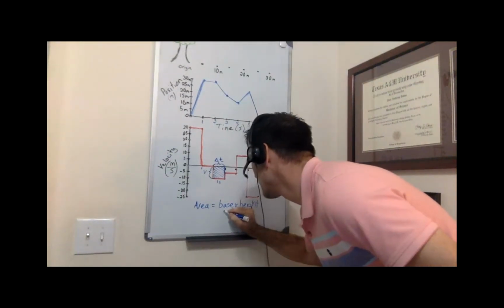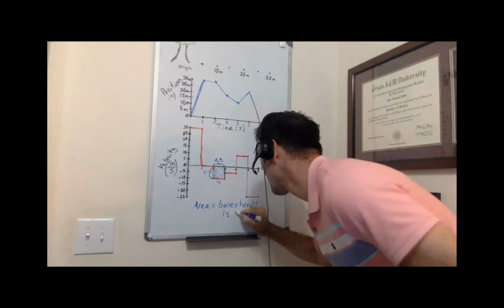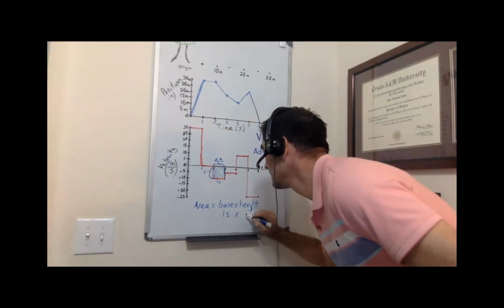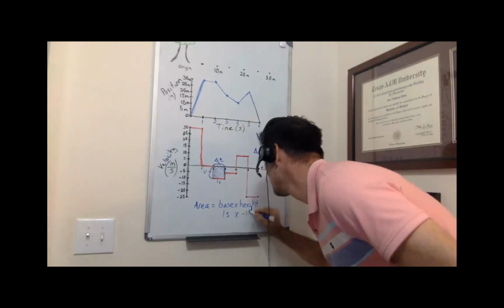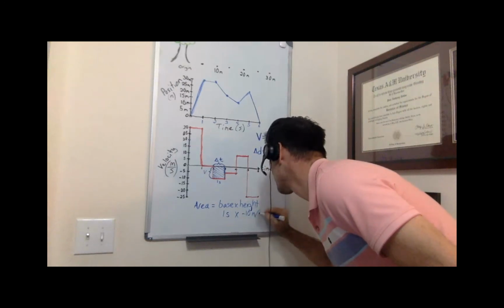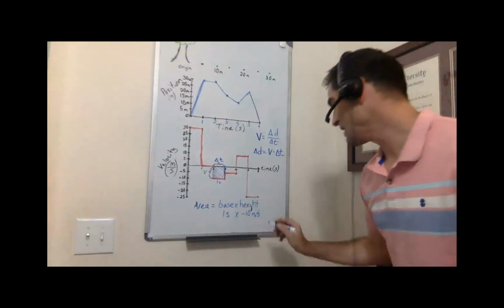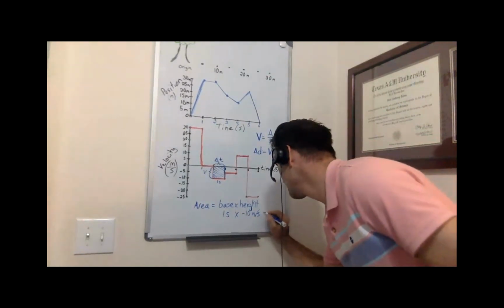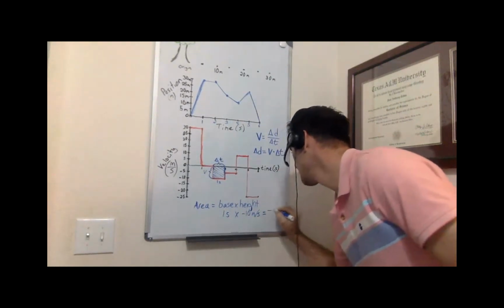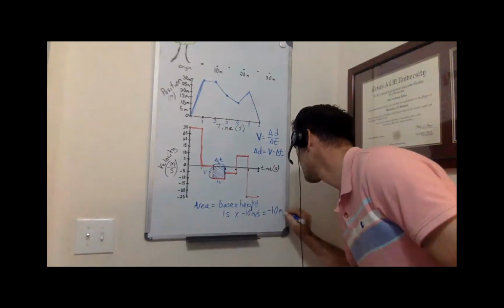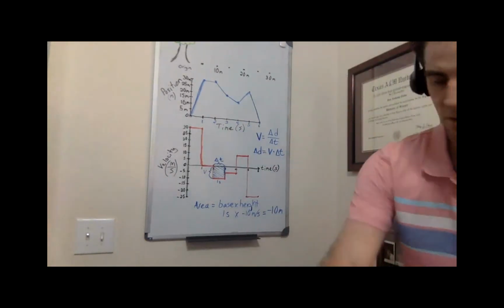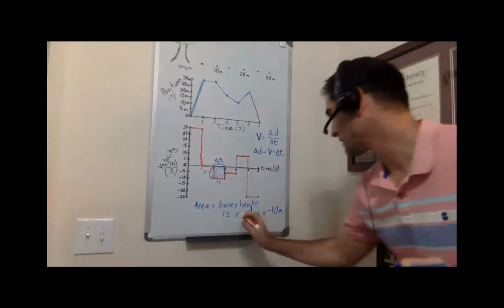So our base is 1 second, and our height is -10 meters per second. 1 second times -10 meters per second is equal to -10 meters, because your seconds will cancel out.